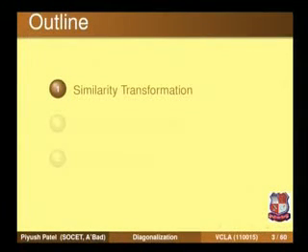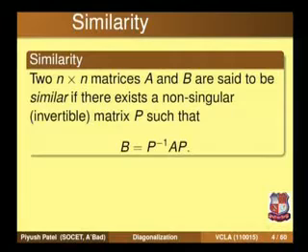First, let us discuss similarity transformations. Throughout the lectures, our matrices are square matrices. Two matrices A and B of order n are said to be similar if there exists a non-singular, that is invertible, matrix P such that B is equal to P inverse AP.